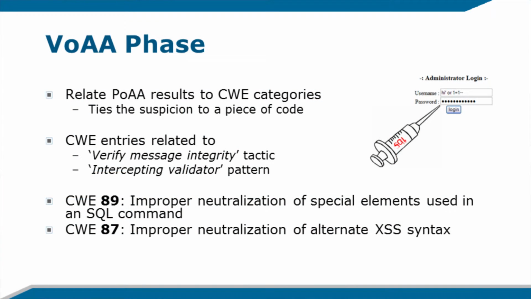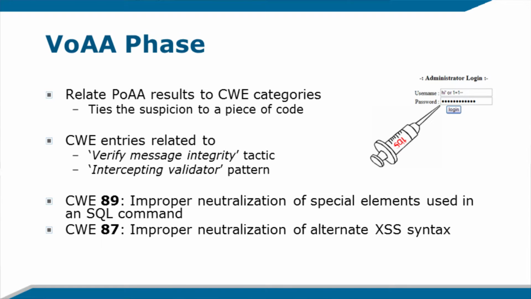And then when it comes to the vulnerability-oriented architectural analysis phase, now it's time for us to really think about the potential symptoms. In this case, we already sort of know, because the architect didn't do anything in terms of intercepting validator, there may be no implementation at all of that pattern, and no systematic way of dealing with especially user inputs.